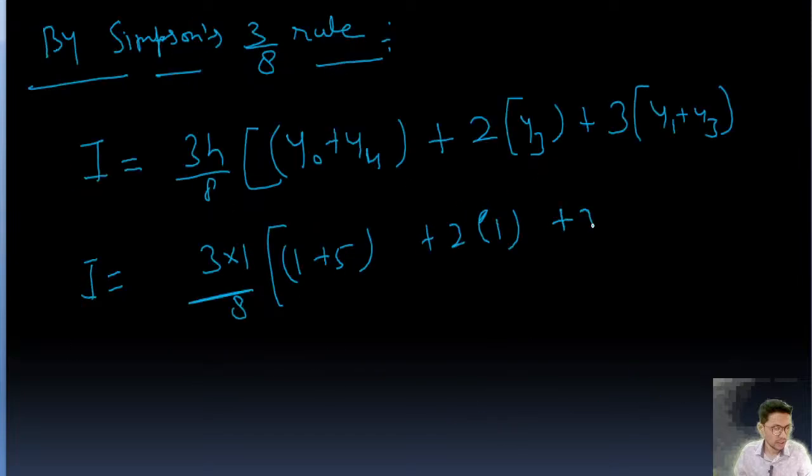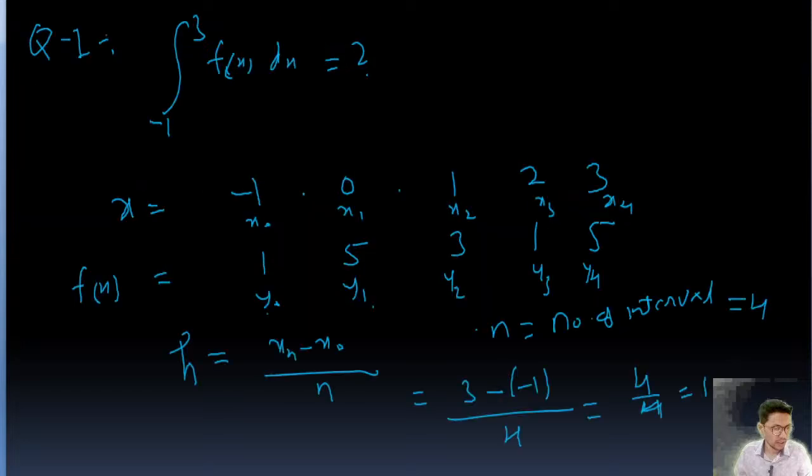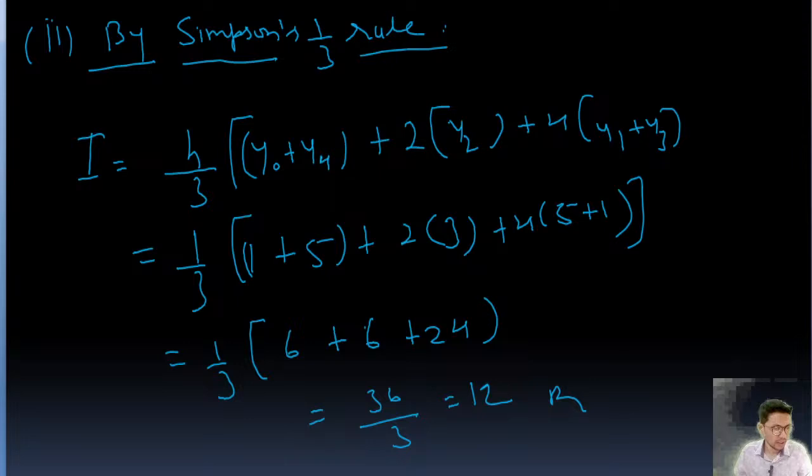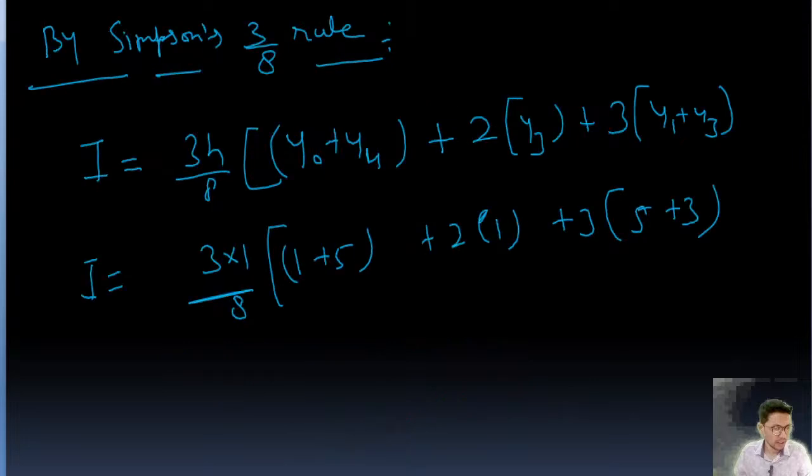Okay, plus 3 into remaining term y1 and y3, 5 and 1, not 3. Okay, so this is going to be the value of I.